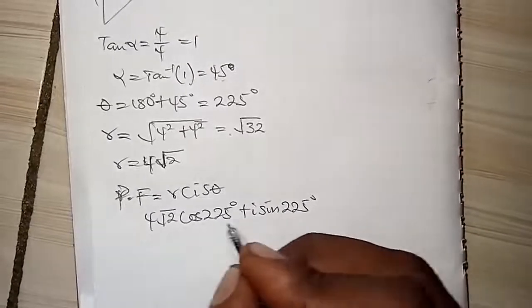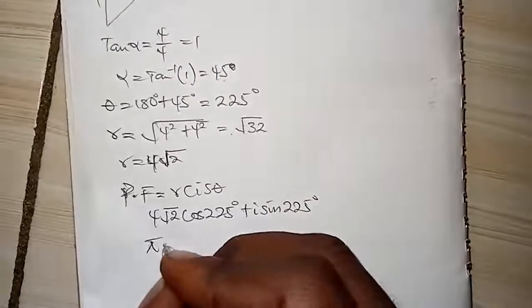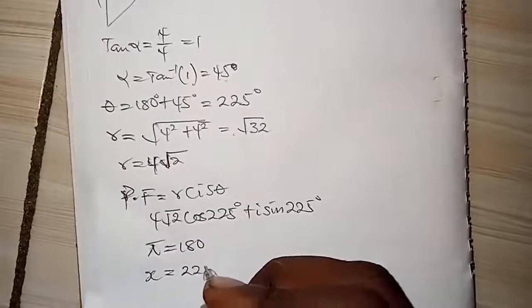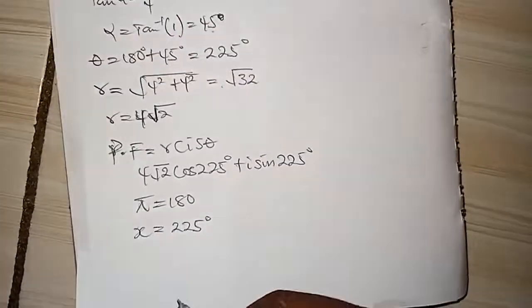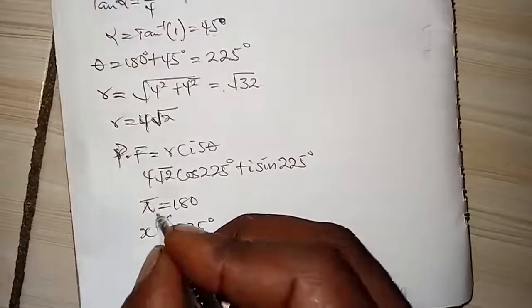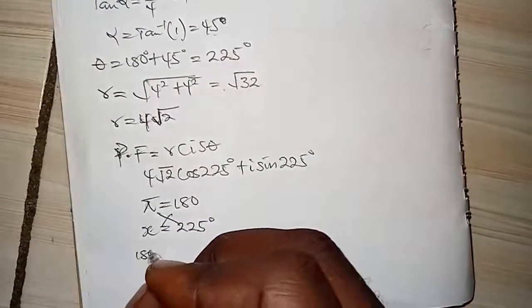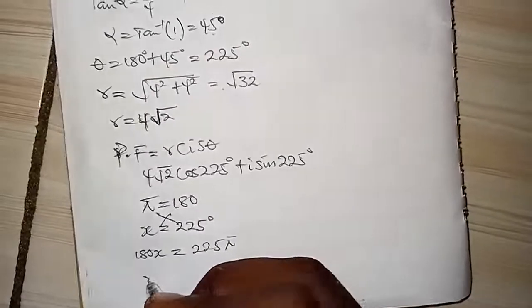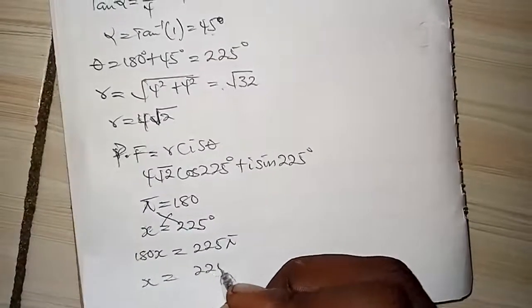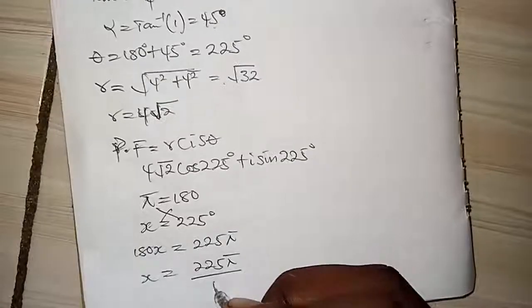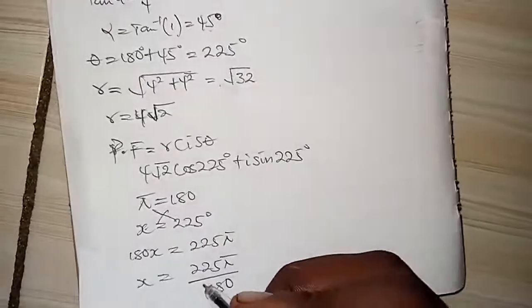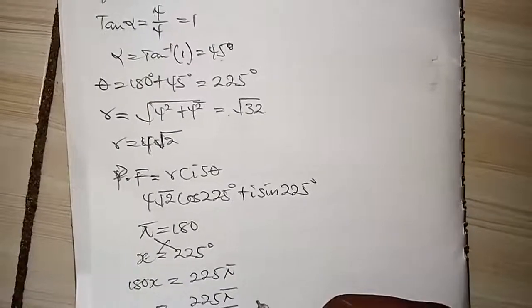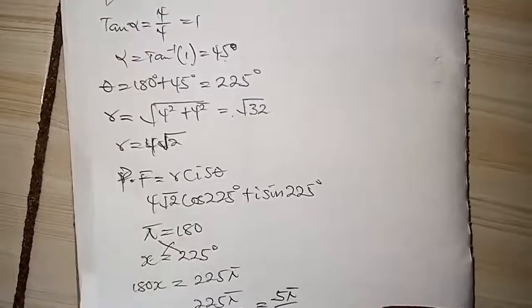We can express it in radians as well. Knowing that pi is 180, what will 225 degrees be? If we cross multiply, we will have 180x equal to 225 pi. So x alone will be 225 pi over 180. If we divide that, we have 5 over 4, so it gives us 5 pi over 4.